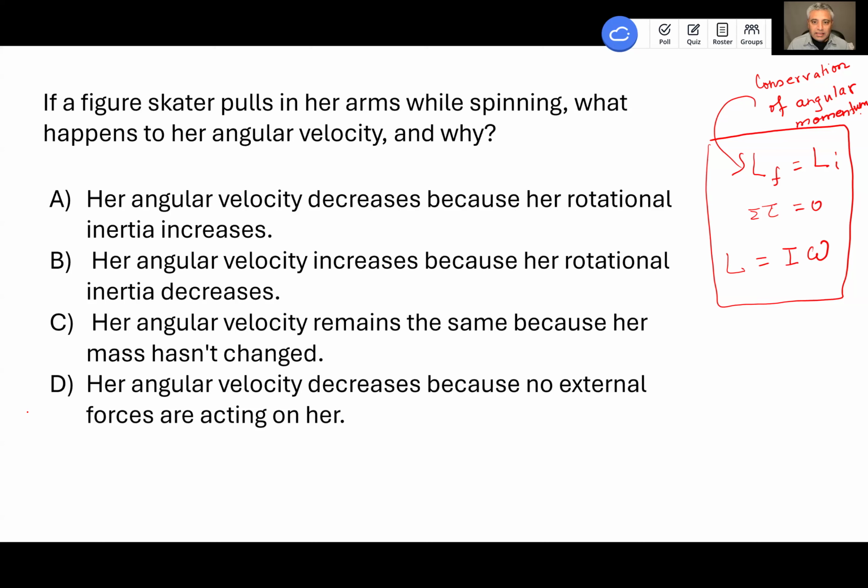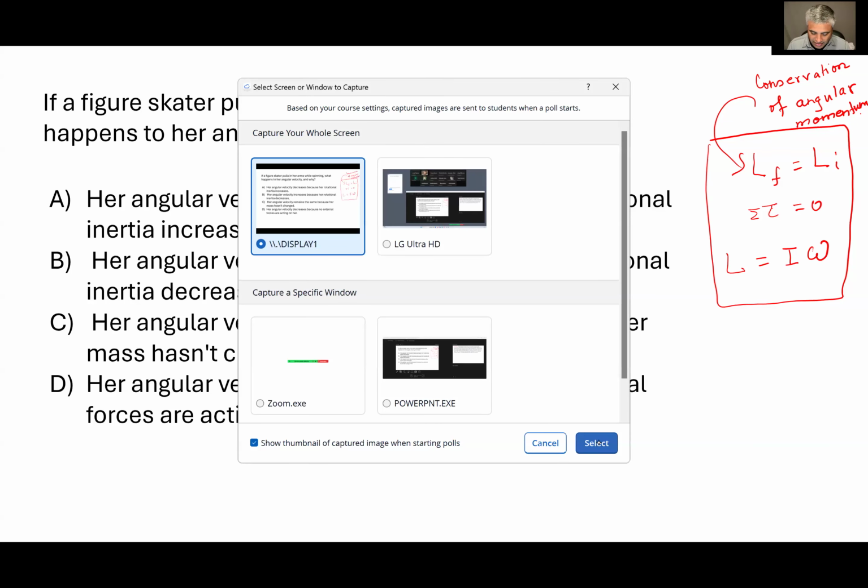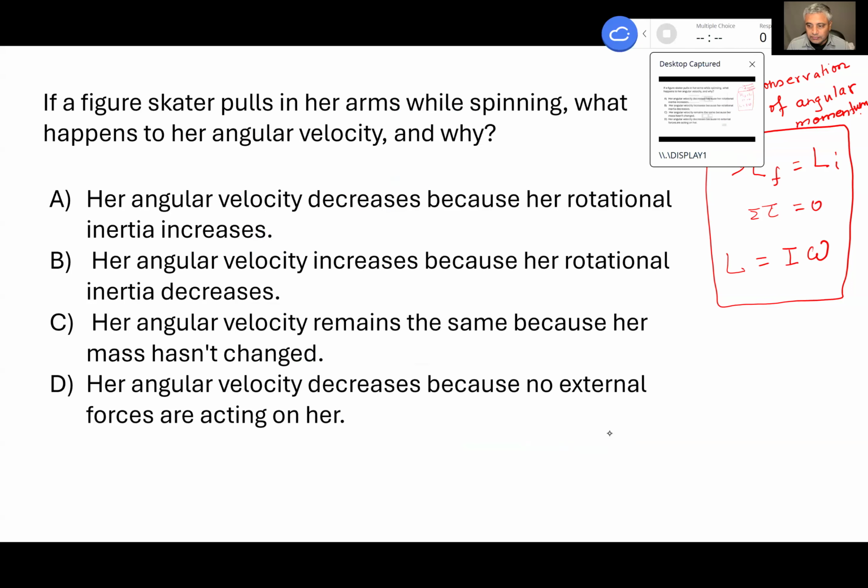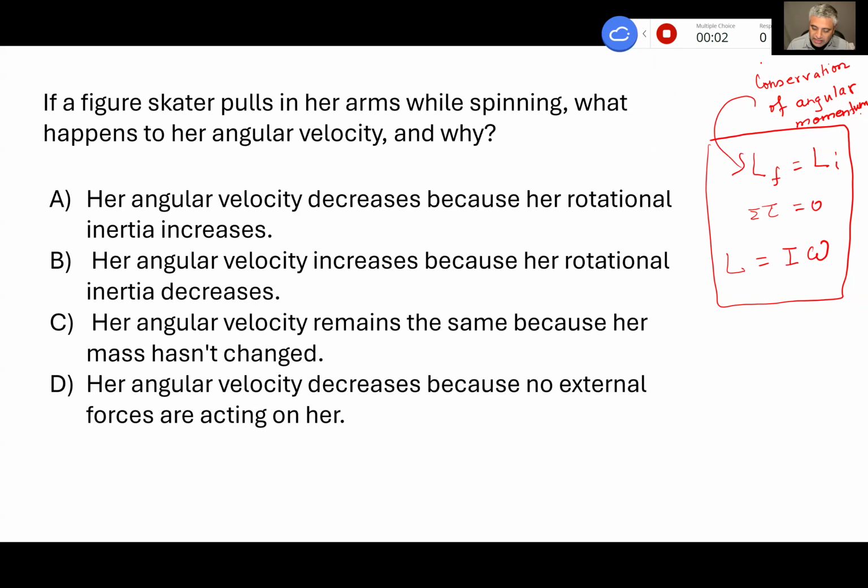So we talked about this in terms of how figure skaters bring their hands in as close as possible towards the end of their act. So why do they do that and so on? We talked about that, and here is a question about exactly that. So let's see what you remember. You have 1 minute and 30 seconds to answer this question.